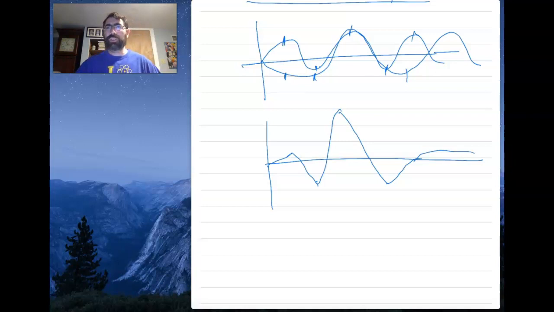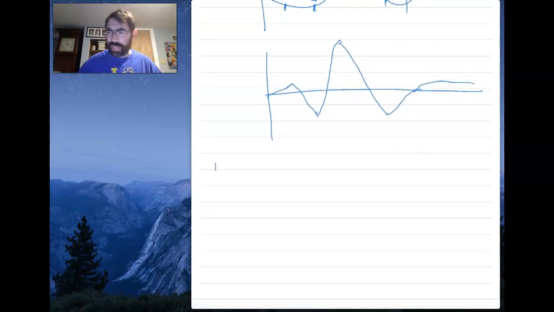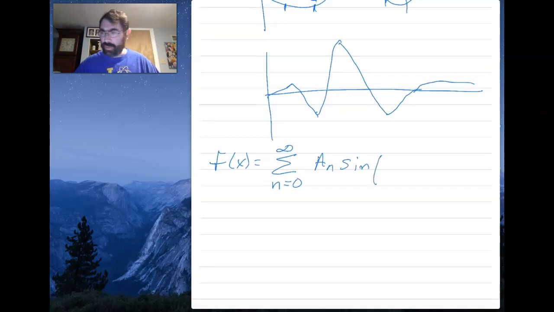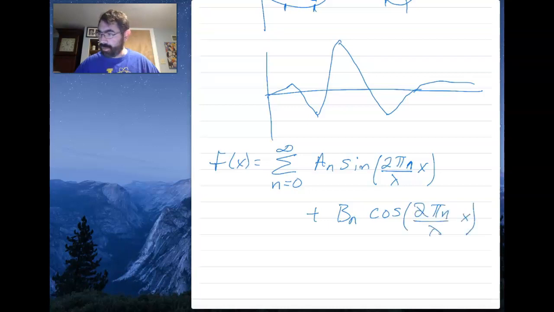So usually the Fourier series is written as the function f can be written as a sum from 0 to infinity of sines and cosines. Now, what are the A's and B's?